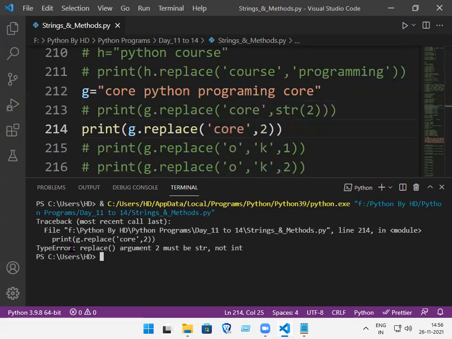See there. What do I get? Type error: replace argument 2 must be string, not int. Make a note of this. If you're using the replace method, you have to pass the old string comma new string.